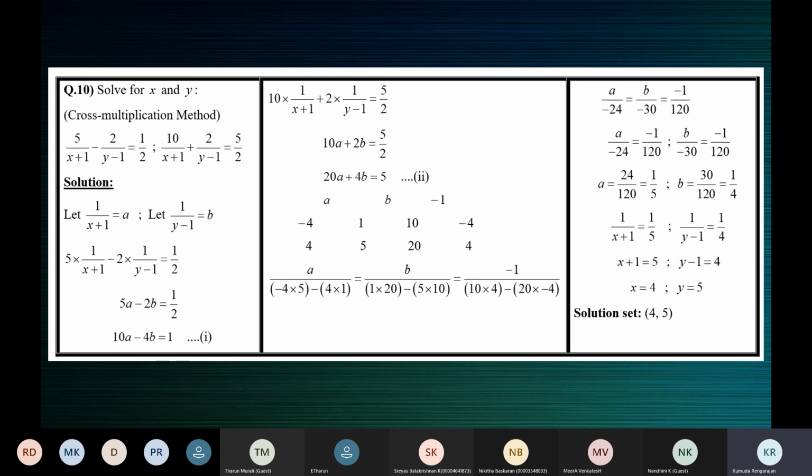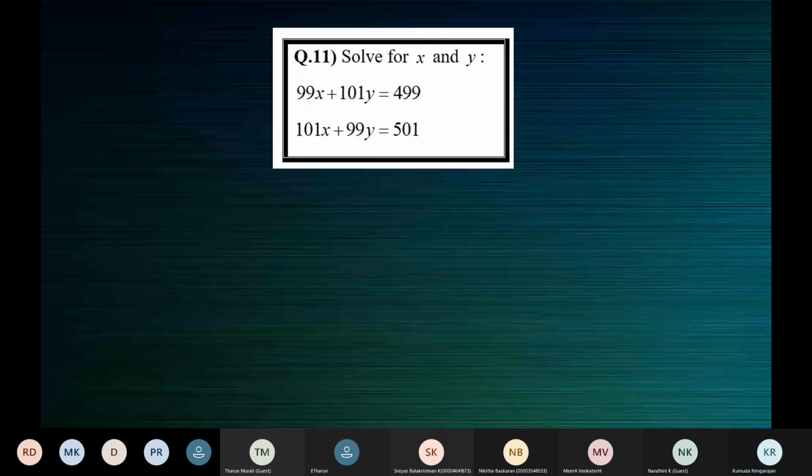See what you people have been doing. Ma'am, I completed the 10th one, the 7th one and the 8th. I completed 7, 8, and 10, ma'am. Let me see, Tarun. All right, children, this is your homework.